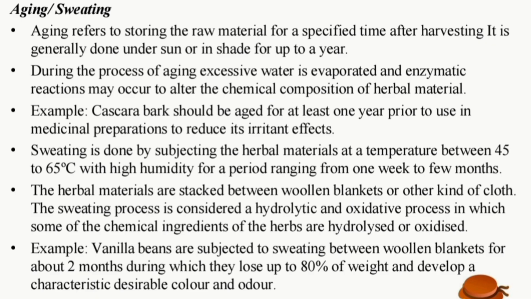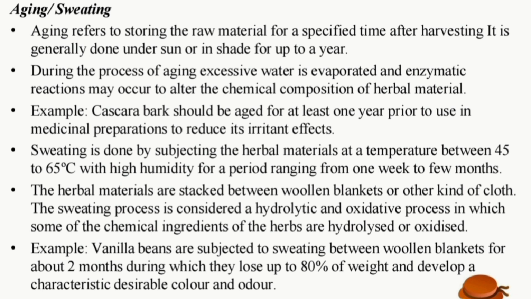Sweating is done by subjecting the herbal materials to a temperature between 45 to 65 degrees Celsius with high humidity for a period ranging from 1 week to a few months. Then the herbal materials are stacked between woolen blankets or other kinds of cloth.